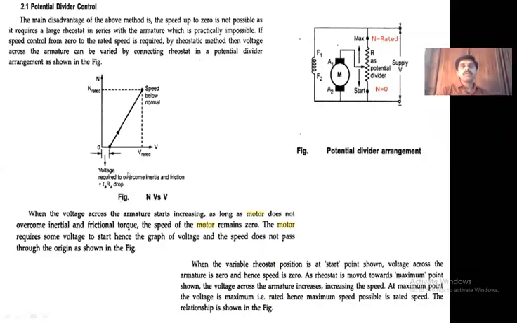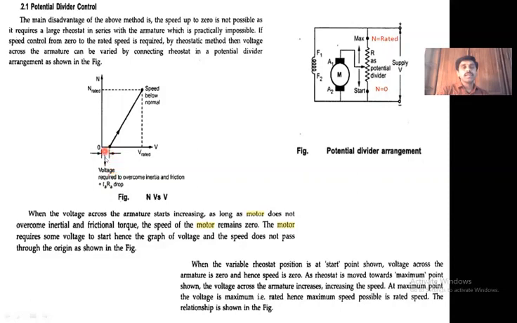When the voltage across the armature starts increasing, as long as the motor does not overcome the inertial and frictional torque, the speed of the motor remains 0. In this region, the voltage is required to overcome the inertia, friction and IaRa drop.